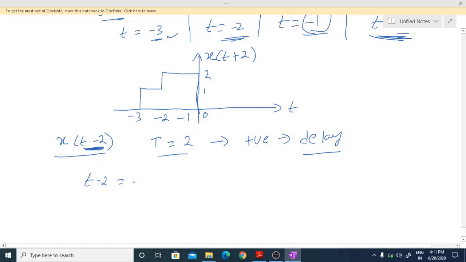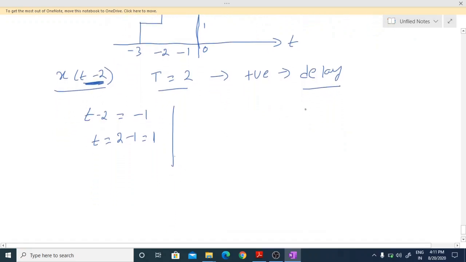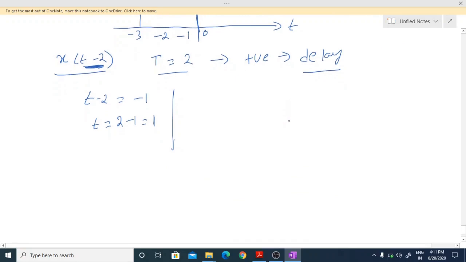Here the signal starts at the -1 position. So t minus 2 equal to -1, t equals 2 minus 1, which is 1. What does that mean? Here I draw the input signal again. This is my input signal x of t, with -1, 0, 1, 2 and the amplitudes 1 and 2.